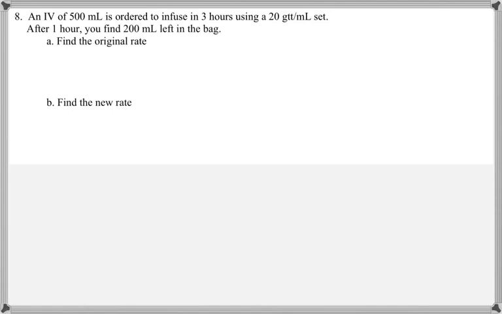So let's look at the original rate. It's 500 mLs, ordered to infuse in 3 hours, which is 180 minutes, using a 20 GTT per mL set.